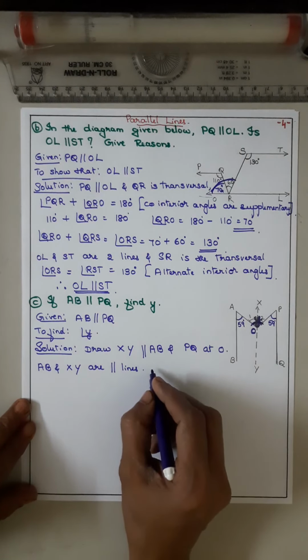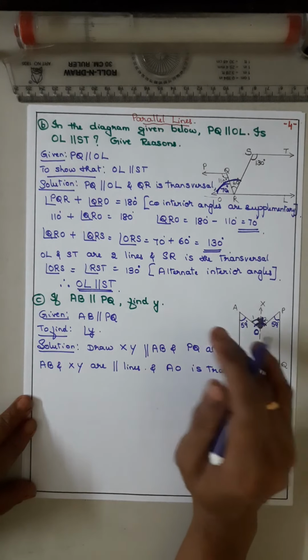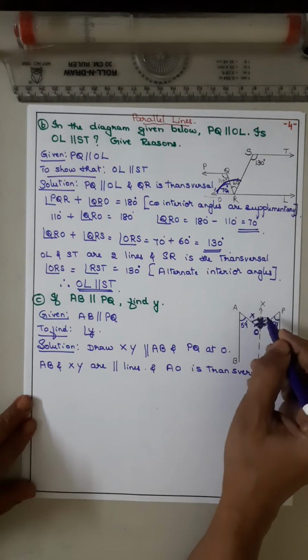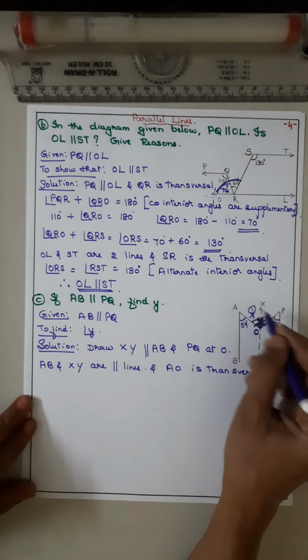Now, we have taken this angle. See, the Y angle is divided into 2, isn't it? Because of this XY, you got one angle here, one angle here. This is 1 and this is 2.